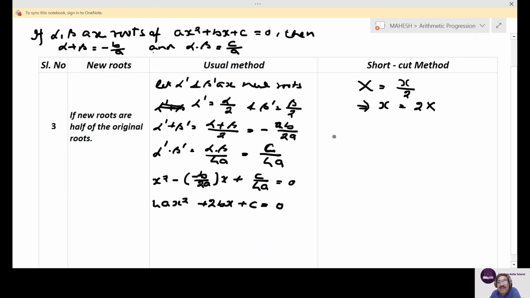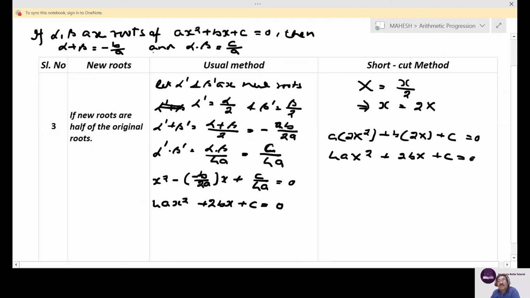Then the equation will be a (2X) square plus b (2X) plus c is equal to 0. Therefore, the equation is 4aX square plus 2bX plus c is equal to 0. By the shortcut method, the formation of the quadratic equation is very easy.